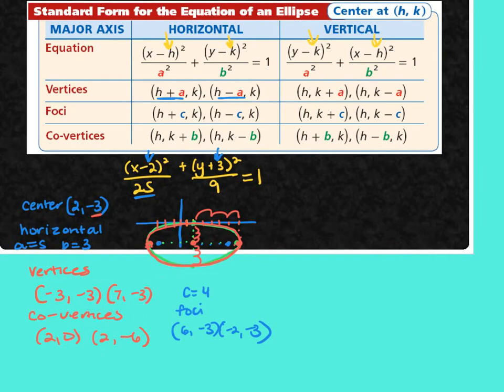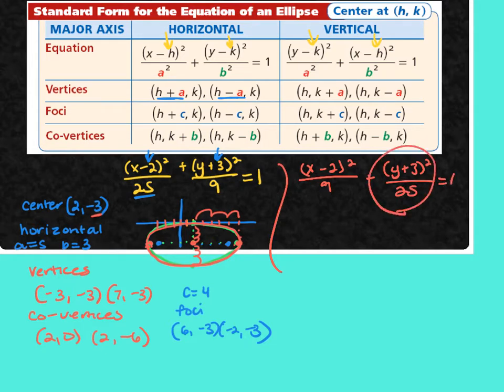And then what changes if my equation is switched, let's say it stays this way, is the larger is now under the y, which means this is vertical. So I would plot my center, 2, negative 3, sorry, here.